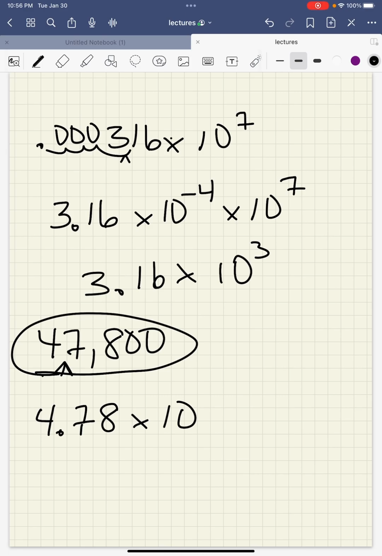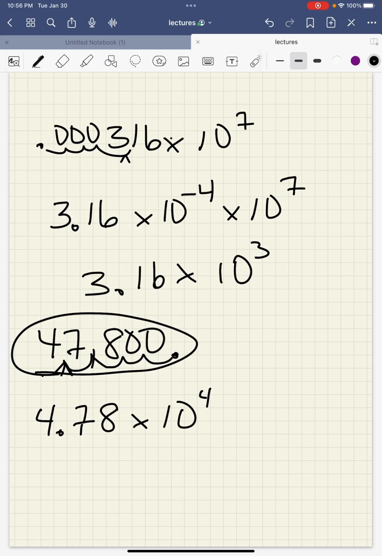So the decimal is always at the end if there is no decimal. So we're going to count over how many places we have to move that from the end of the number to behind the 4. So that's 1, 2, 3, 4. Because it was a number bigger than 1, the exponent is positive 4.